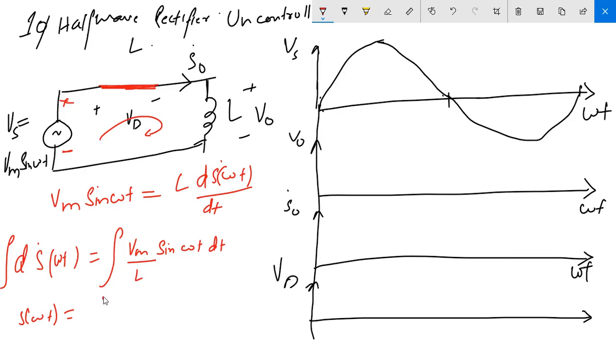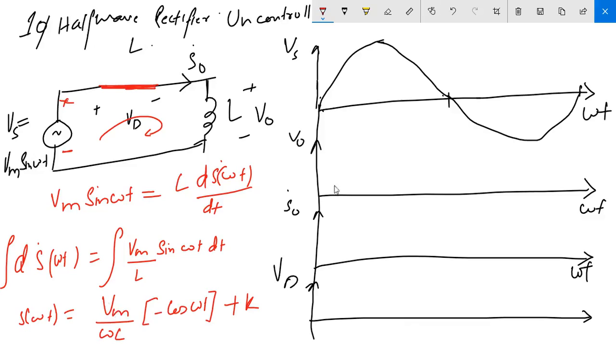So you will write Vm upon omega L, and the integration of sine omega t will be minus cos omega t, and there will be some constant term k. Okay, so this is the equation of your waveform.